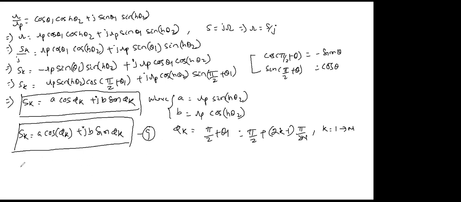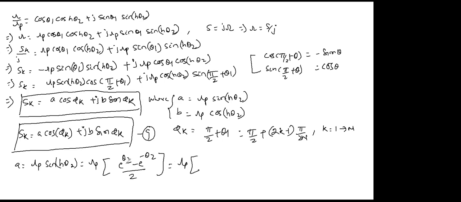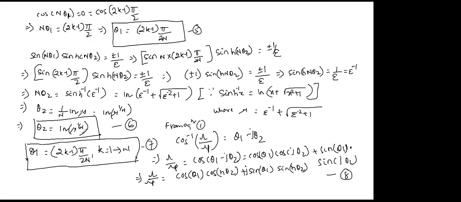Now find a. If a equals omega p sinh of theta 2, use the sinh formula: omega p times (e to the power theta 2 minus e to the power minus theta 2) by 2. What is theta 2? Theta 2 is ln mu to the power 1 by n.